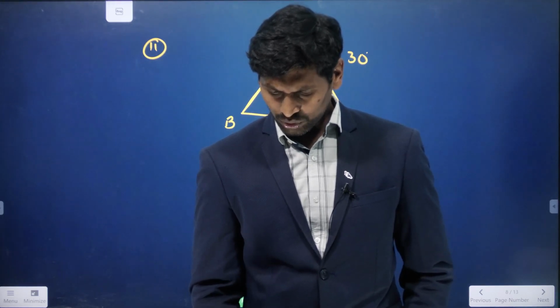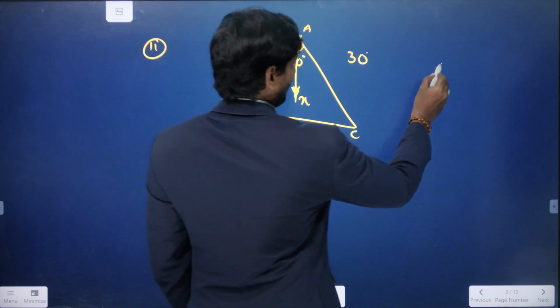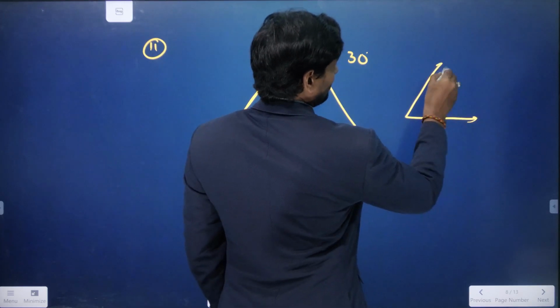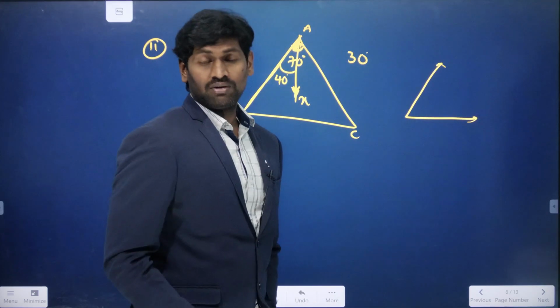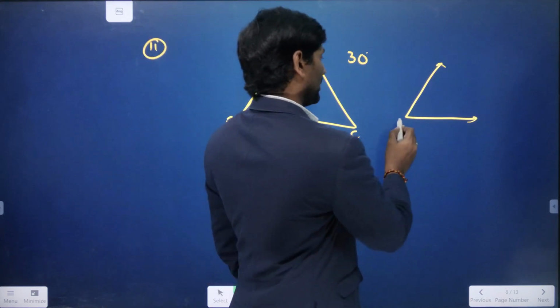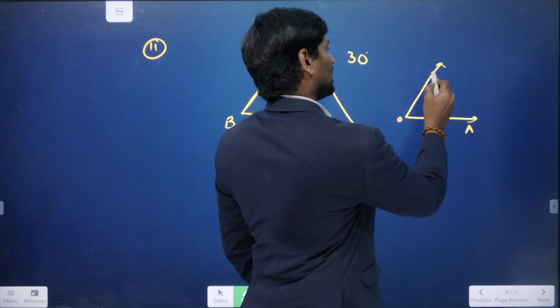Next, if the arms of one angle are respectively parallel to the arms of another angle, then the two angles are... I am drawing one angle like this. These two are arms of an angle. For example, OA and OB.